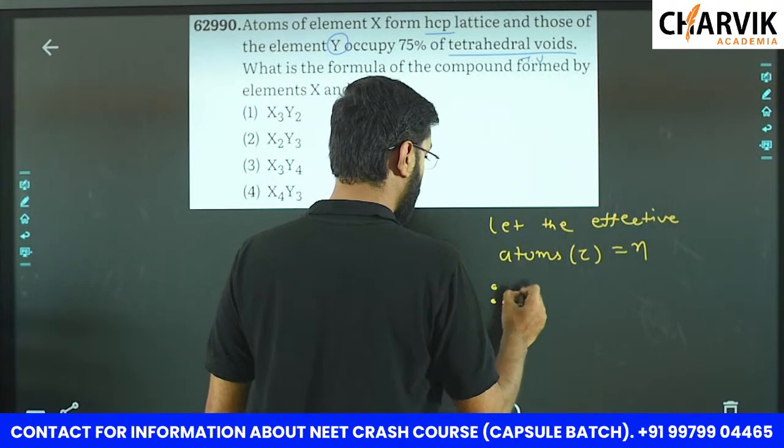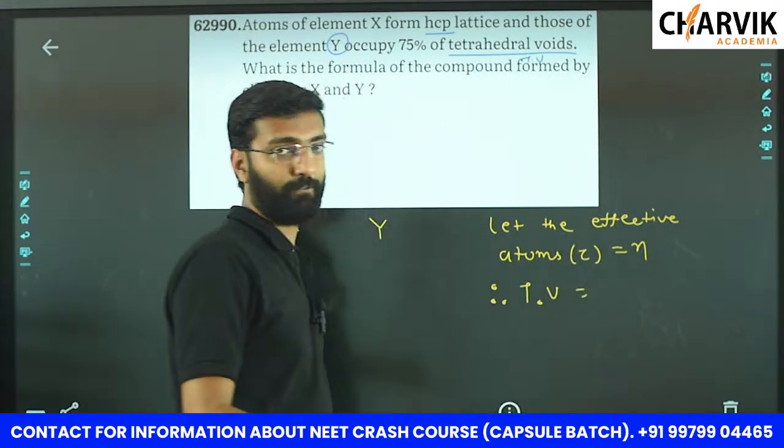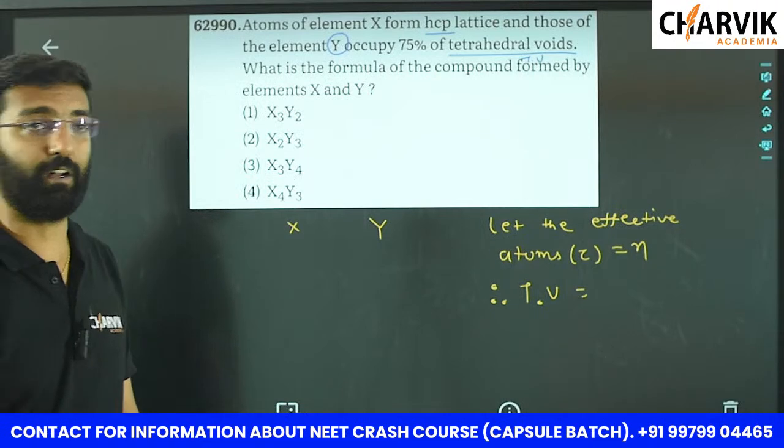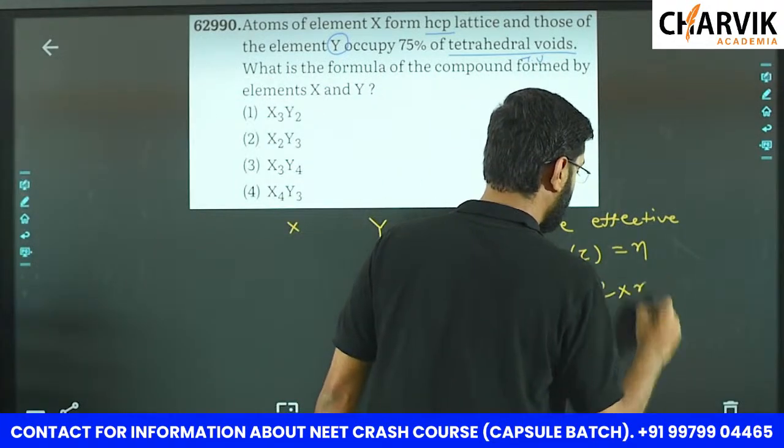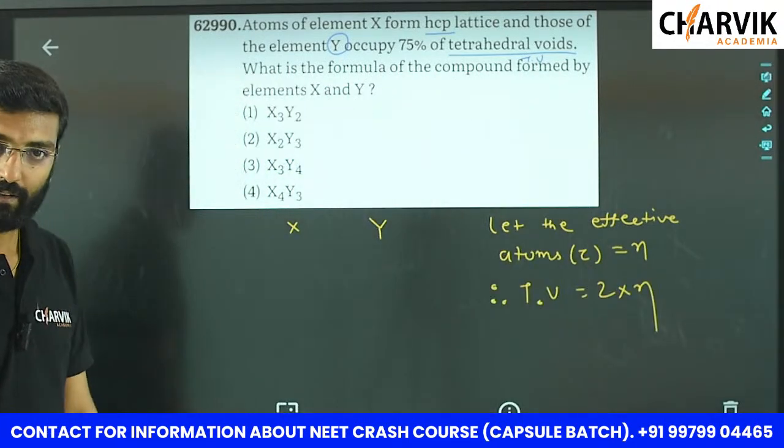So total number of tetrahedral voids is 2 into n, right?